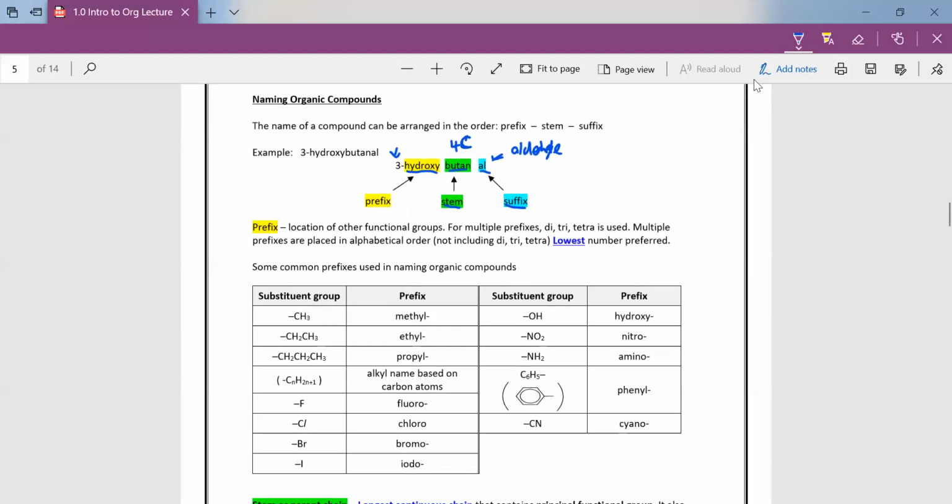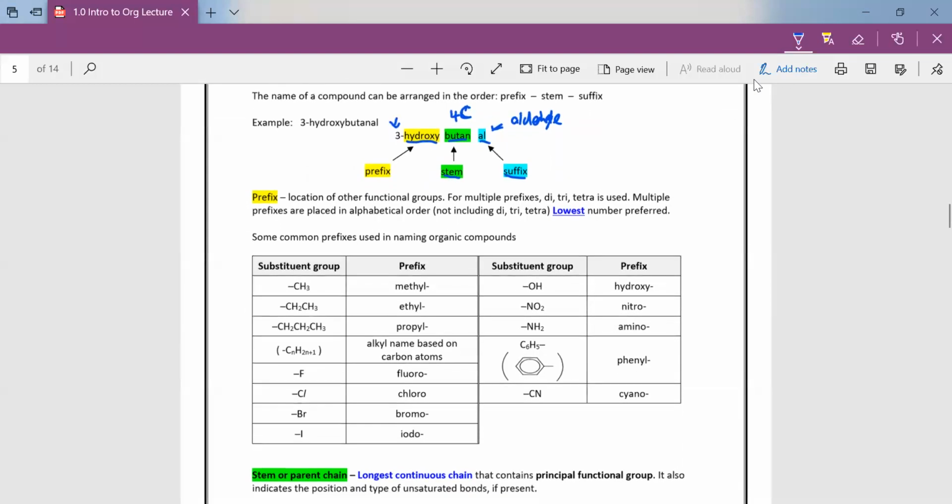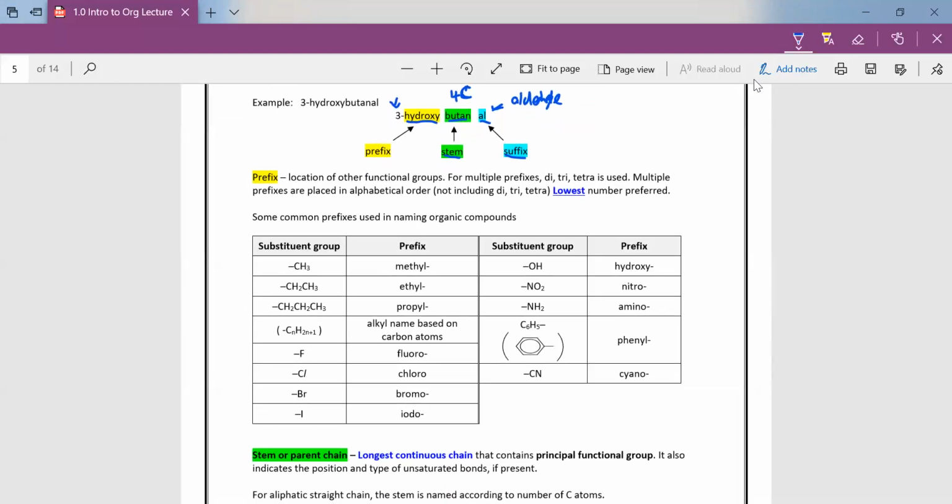Prefix can have multiple prefixes like di, tri, tetra. They are also placed in alphabetical order, and the lowest number is preferred. Some examples are methyl, ethyl, propyl.